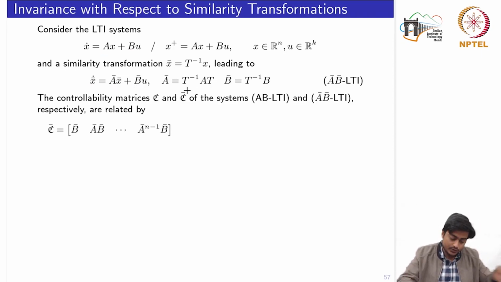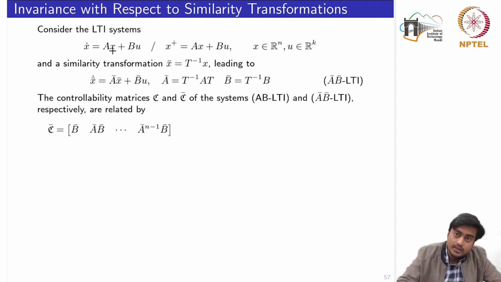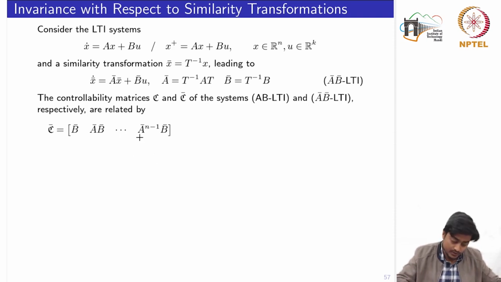Now we will compute the controllability matrix for both the systems. This is the controllability matrix of the pair A bar, B bar, where we have used all the matrices with the bar overhead. Now in this part we will replace B bar and A bar by these two equations into this controllability matrix. Then you would obtain T inverse B, T inverse A B, and similarly up to the n minus 1.